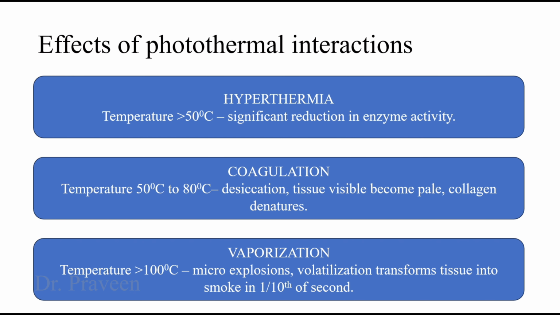And when the temperature reaches more than 100 degrees Celsius, then there are micro explosions; we can hear these kinds of sounds when we insert the probe inside the tissue. We can hear those micro explosions, and volatilization transforms the tissue into smoke in one tenth of a second. So that is evaporation.